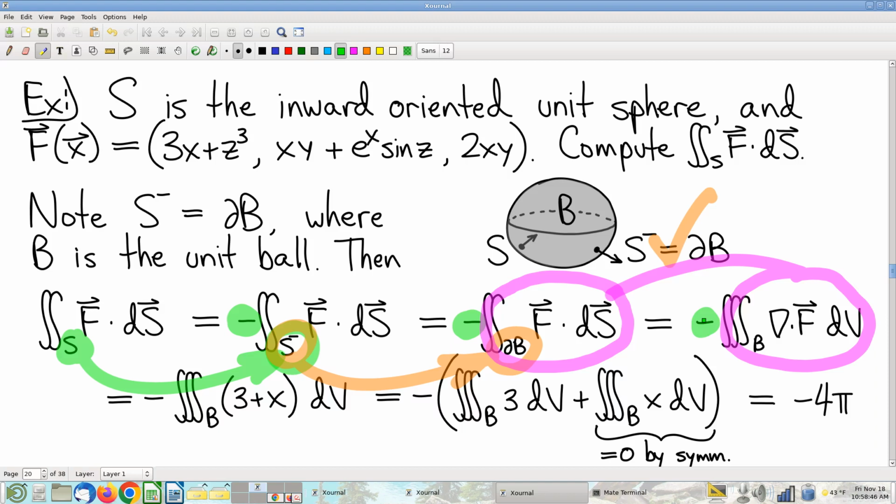Now, day in and day out, a lot of people are going to write this down as flux through S, big jump over here to minus sign triple integral divergence over V. I just want to point out there really are 3 separate thoughts that go into this first line, and I think it's in the spirit of communicating your ideas, helping the grader to conclude with confidence that you do understand what's going on.